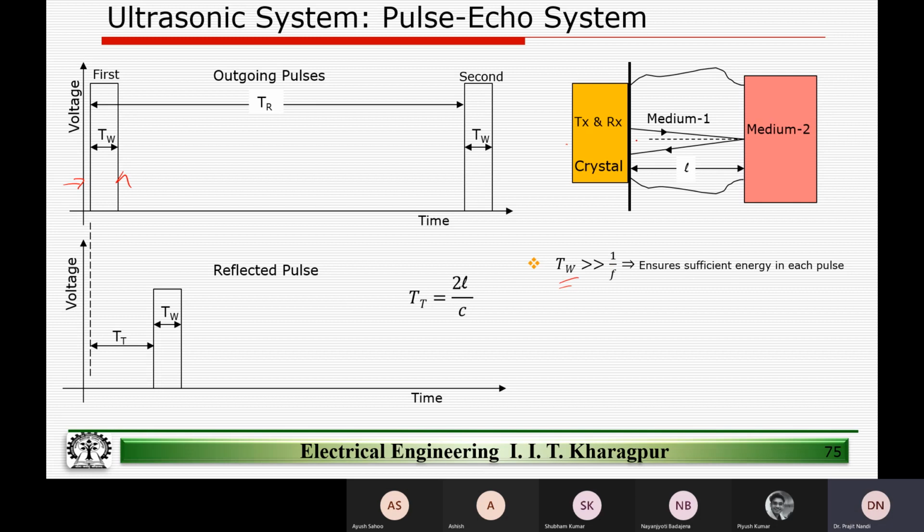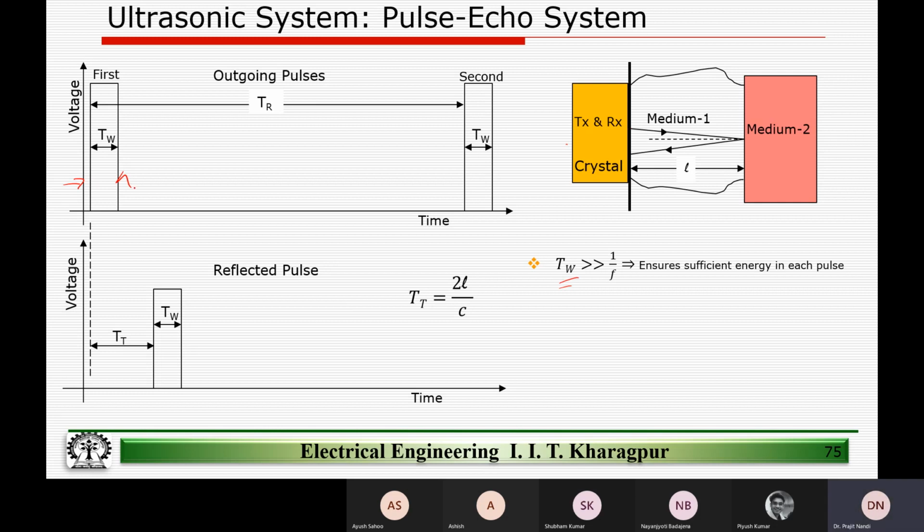The sound wave will have a particular frequency, the frequency that I intend to propagate, and it must have sufficient energy. If the energy is not sufficient, the sound wave is probably never going to hit medium 2 and come back. So the pulse width should be wide enough.